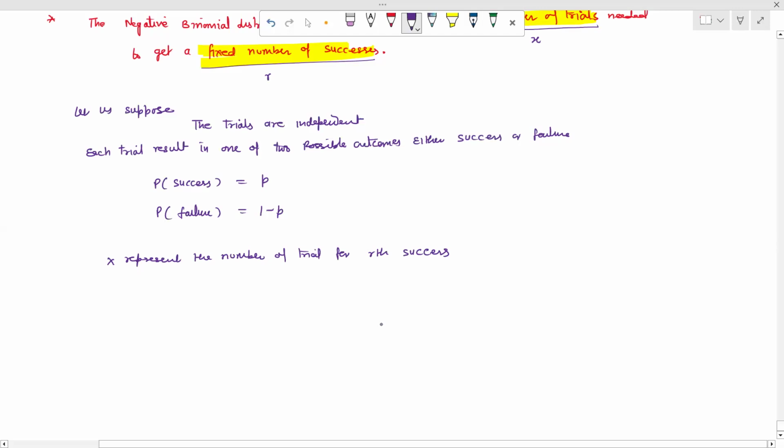So we write down the rth success. The rth success occurs in the xth trial, which has the probability p.